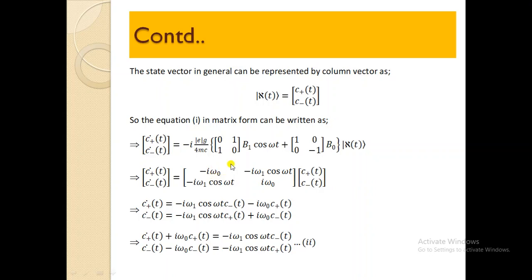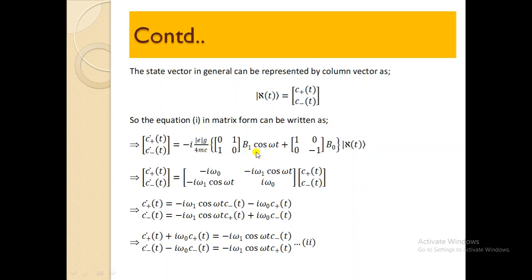This will represent the frequency along the z direction, a strong frequency, very high. And in place of e g b1 upon 4 mc, we have put here omega 1, which is the frequency along the x direction, that is the variable frequency.